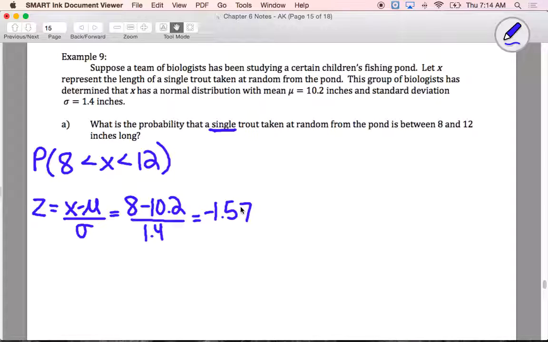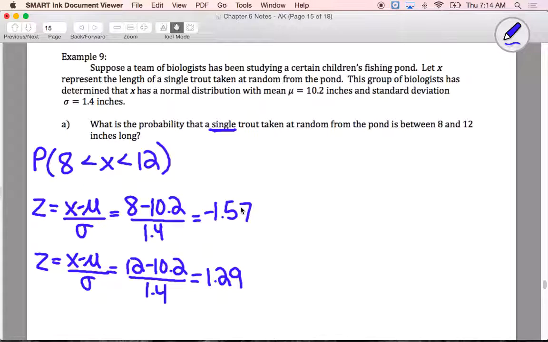Then our other z, x minus mu over sigma. So I'm doing 12 minus 10.2 over 1.4. Again, subtract, hit enter, then divide. And we get a 1.29.